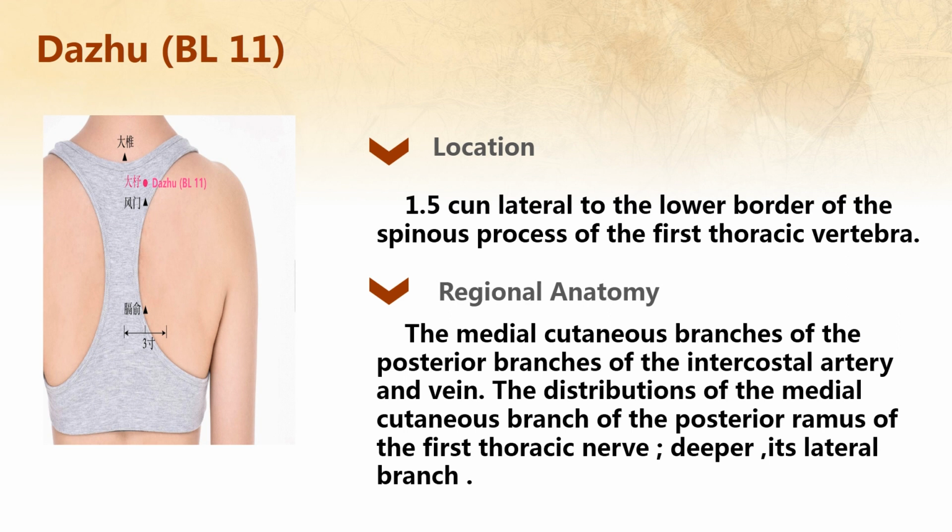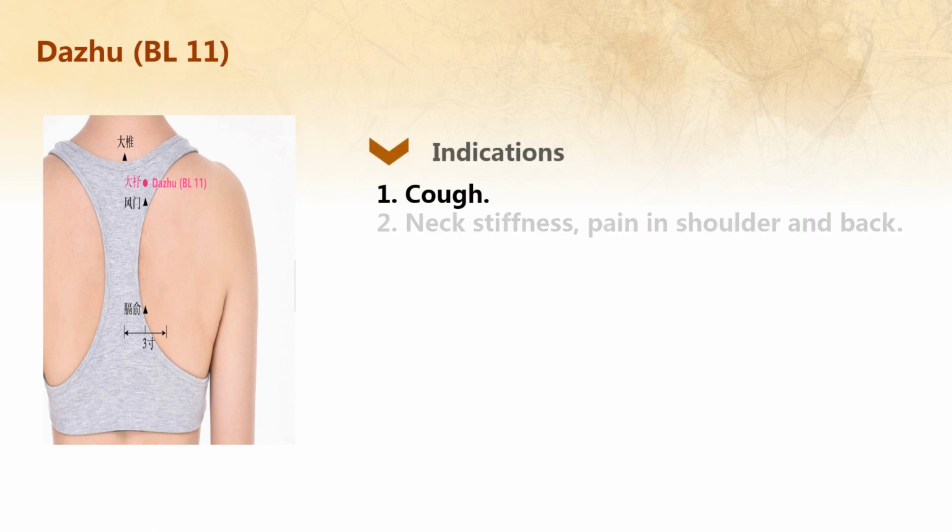The distribution of the medial cutaneous branch of the posterior ramus of the first thoracic nerve, deeper, its lateral branch. The acupoint can cure cough, neck stiffness, pain in shoulder and back.